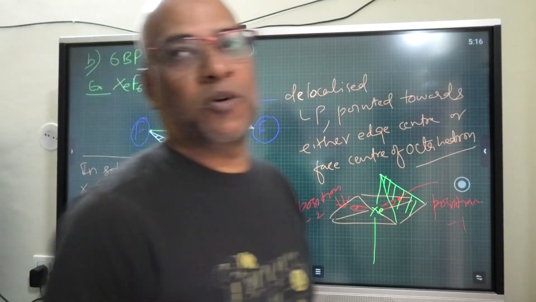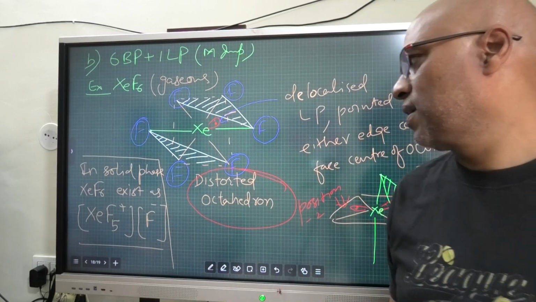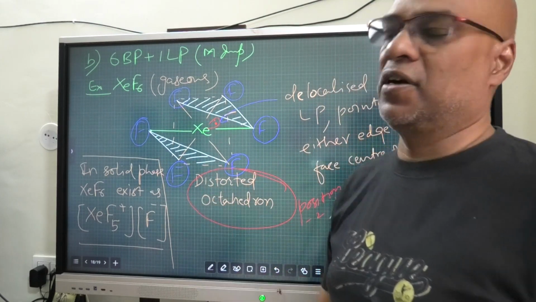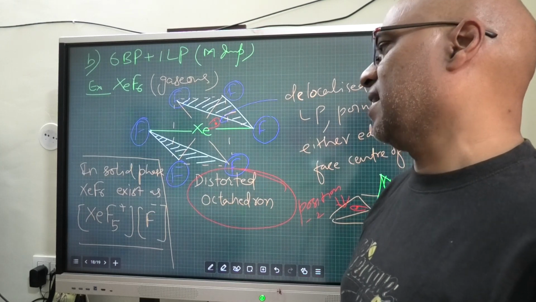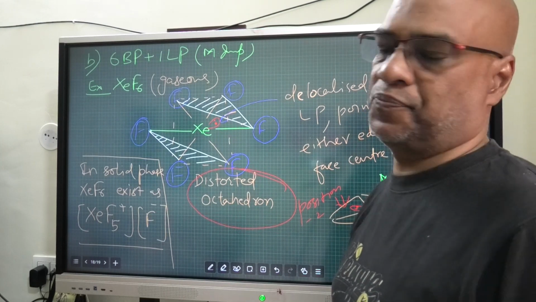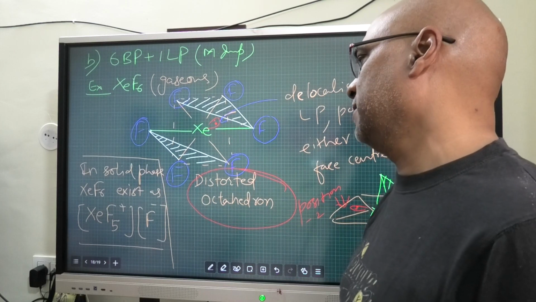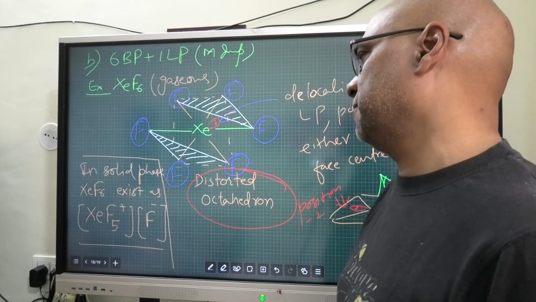This is important information again to memorize. In solid state, XeF6 exists as XeF5 plus, the pentafluoridoxenon cation, and fluoride as an anion.